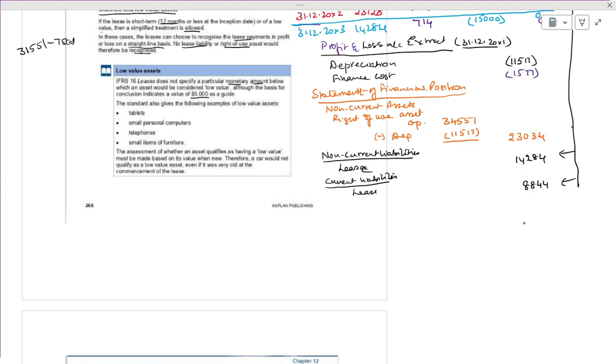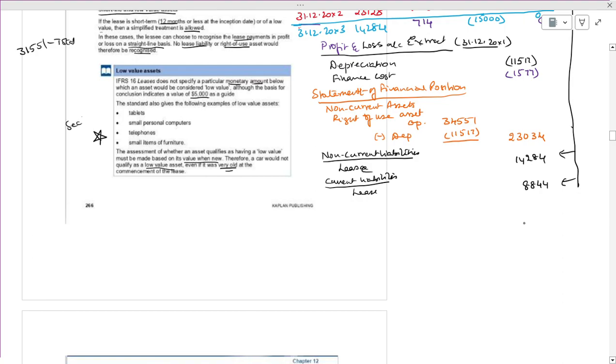The standard also gives examples: tablets, small personal computers, telephones. The assessment of whether an asset qualifies as low value must be based on the value when it is new, not the used one. Therefore, a car would not qualify as a low value asset, even if it is old. Keep this in mind.